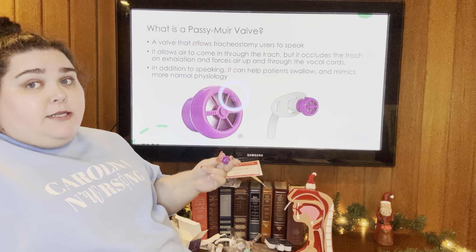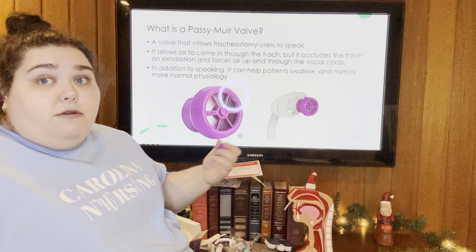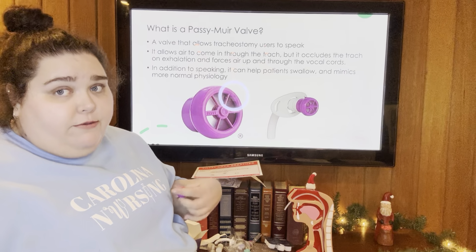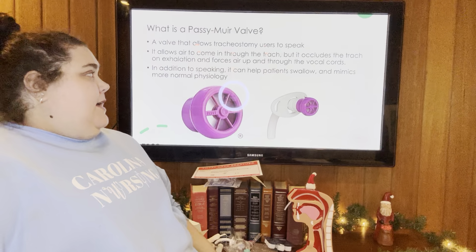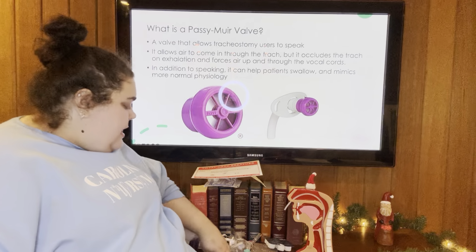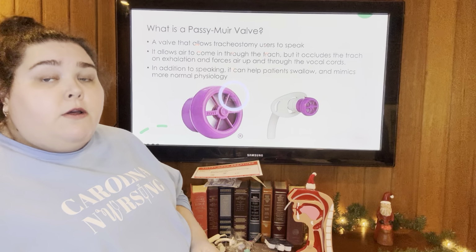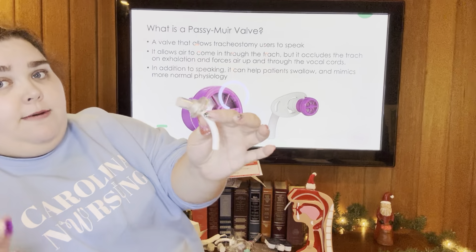You cannot use a passing mirror valve on a laryngectomy because you've removed the larynx, and so you no longer have the vocal cords for air to get up through. These fit on the end of the trachs. They're very simple, a little bit more complex than the HME valves, but a similar kind of thing. You have again your trach.